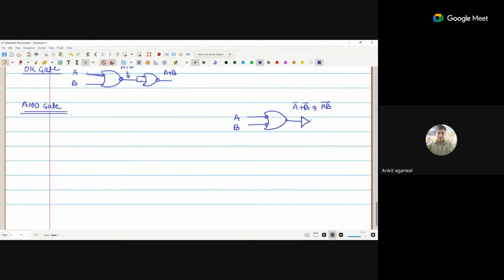After that we have to use one inverter, so it becomes AB. So with A bar and B bar, this OR gate and this NOT gate become a NOR gate.